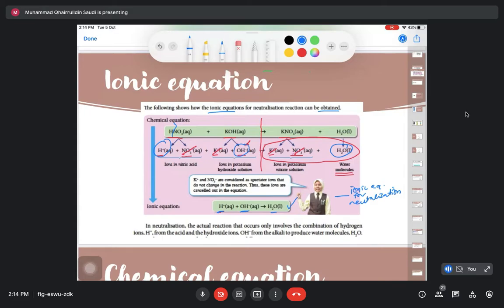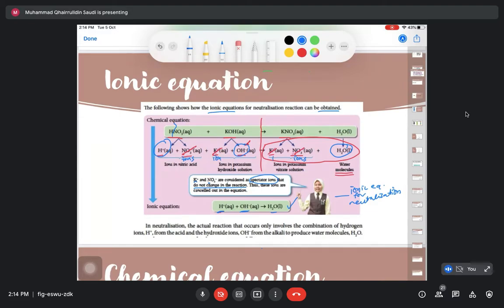and hydroxide ions. Why do we cancel out potassium and nitrate ion? Potassium ion and nitrate ion are considered spectator ions that do not change in the reaction. Macam mana kita tahu they do not change? Before, potassium is still an ion.